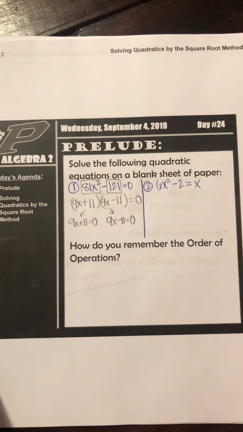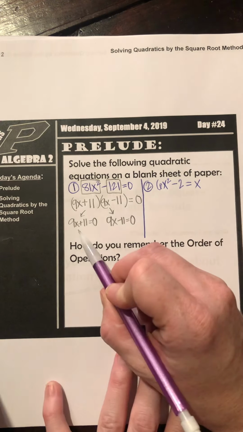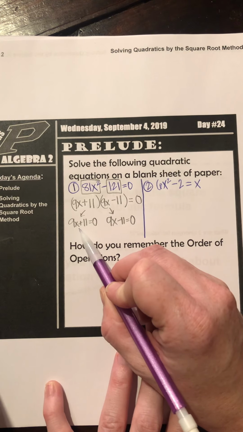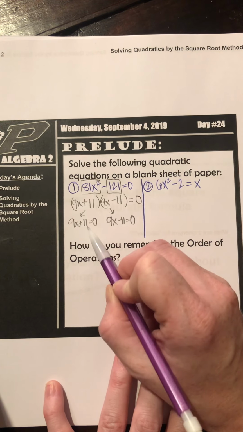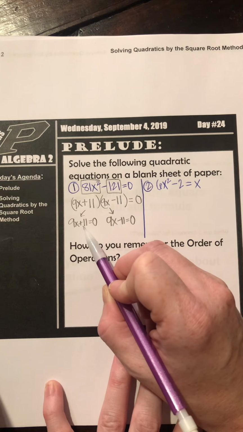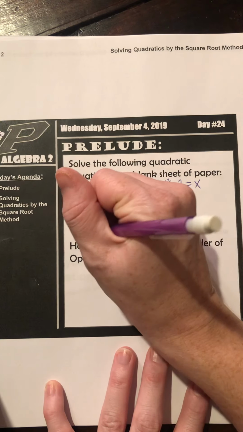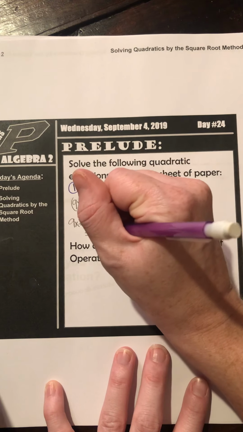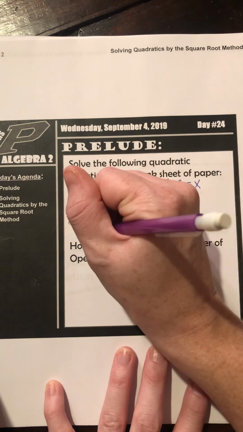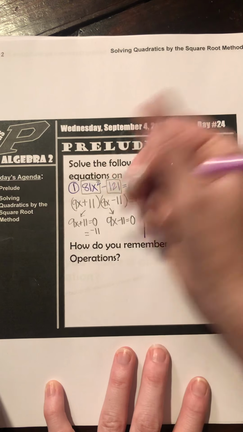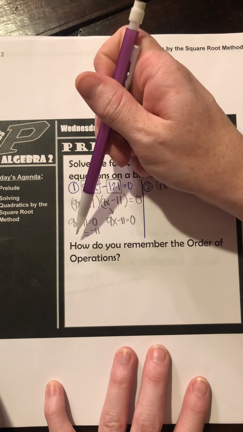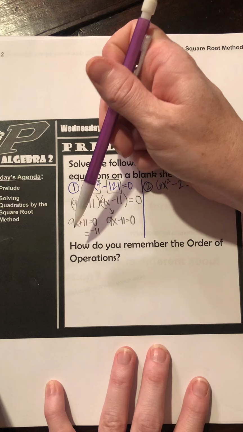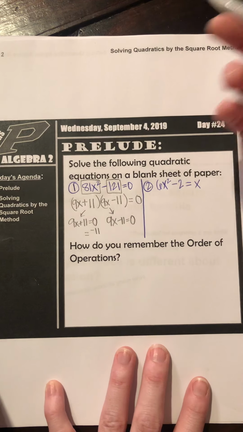And I'm going to solve each equation. This one, in order to solve for x, I need to remove the 11. To move a plus 11, I'm going to subtract it from both sides. So I know that that would give me negative 11 over here, and I would have 9x still left on the left-hand side. Well, how do I get rid of the 9 in front of the x?